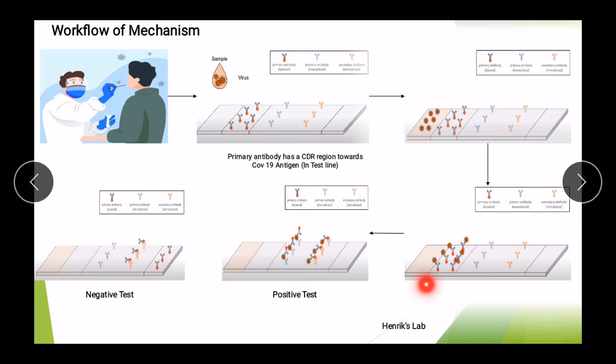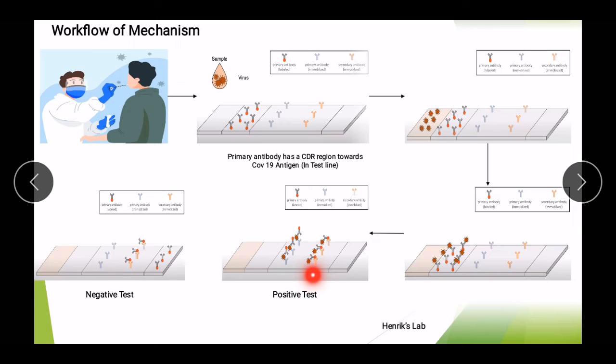Now, the antigen binds to the primary immobilized antibody of the test line, and whatever does not bind to the test line will move on to the control line. But the control line is non-antigen specific, so the fluorescent probe will bind to the secondary antibody.